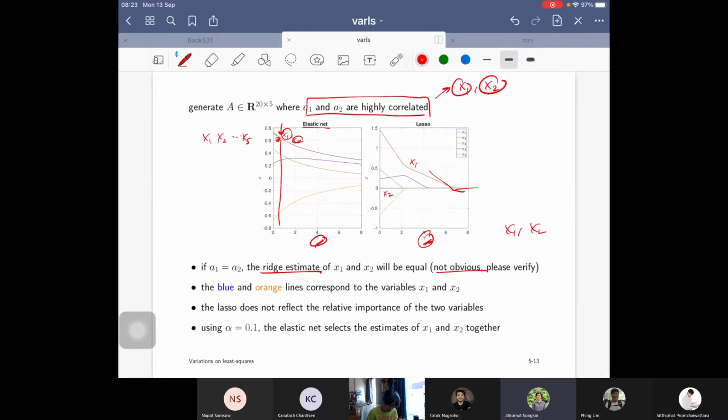So using the lasso alone doesn't reflect the relative importance of the 2 variables. Does it make sense? You have predictors A1 and A2 that are highly correlated, so you expect the coefficients to be equal or related somehow, but using the lasso alone doesn't reveal that information.